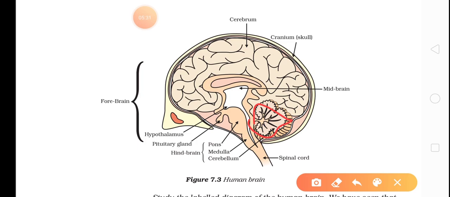The medulla oblongata goes down into our neck, moving downward, where it is then called the spinal cord.